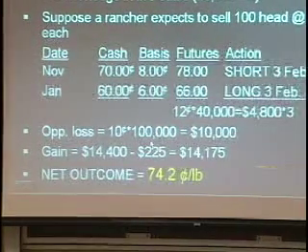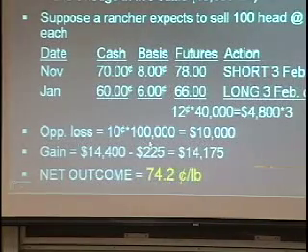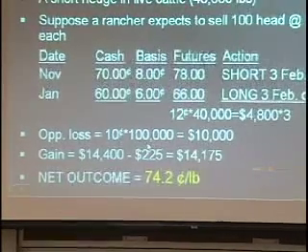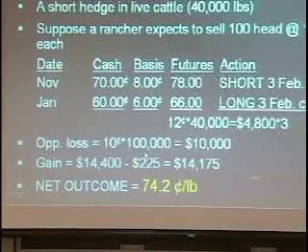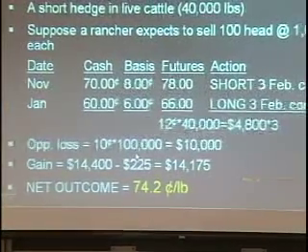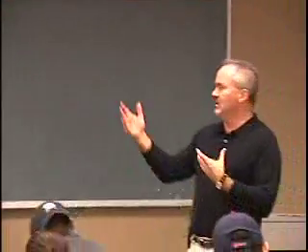What's the relevance of having a basis in that example? You only listed it as from 8 to 6 and you never used it in the calculation. Well, it's implicit in the calculations. Usually on an exam I'll ask you to tell me how much the basis changed and whether that added or detracted from the hedge.